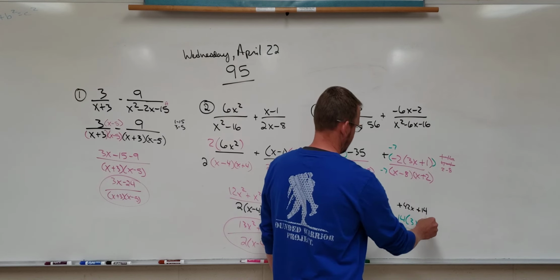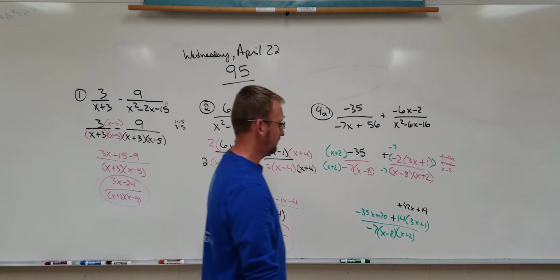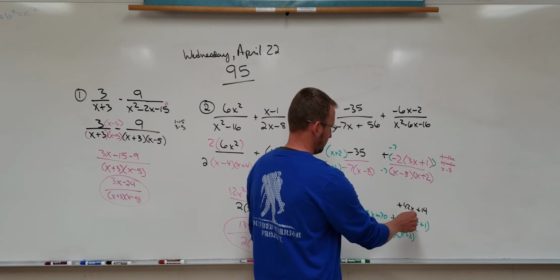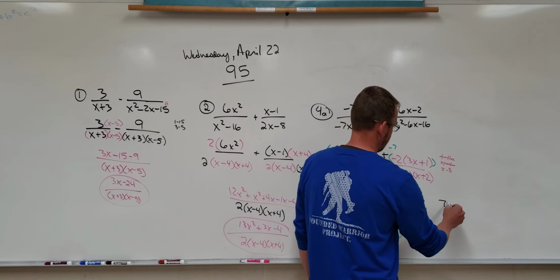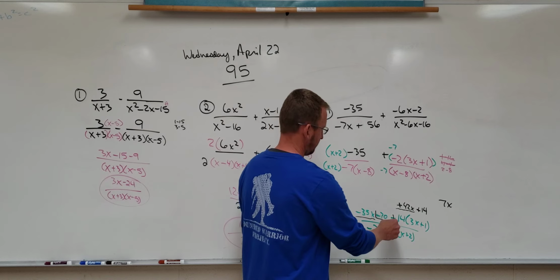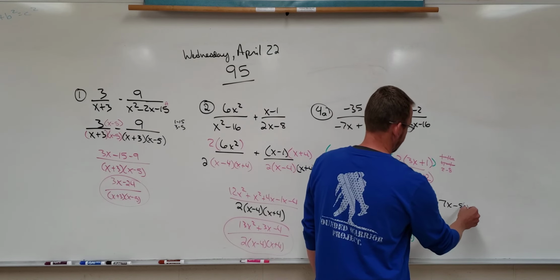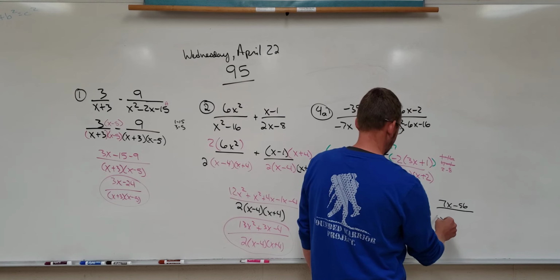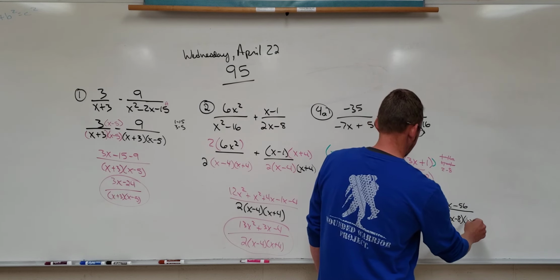Plus 14. Okay? So, combine your like terms. 42 minus 35 gives me 7x. Negative 70 and 14 gives me negative 56. This is all over my common denominator so far.